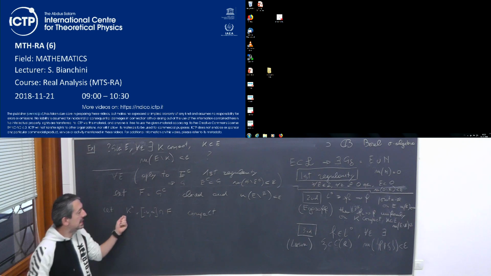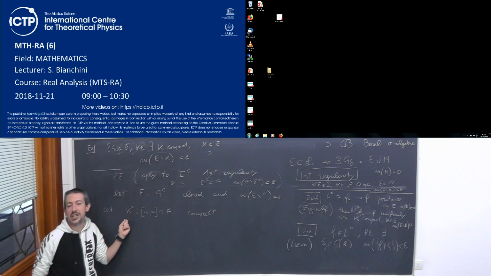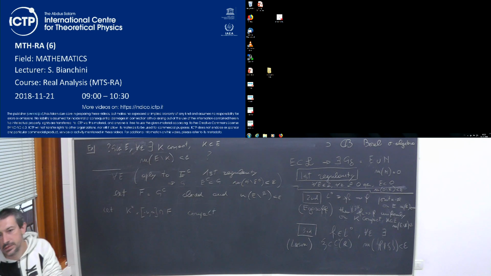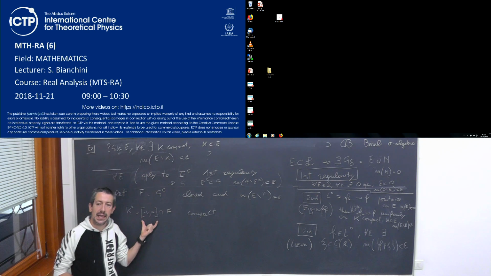So the question is whether the Kn essentially encompass all the compact sets that I need here or not. If I take a compact set contained in E, at some point it is contained in this one.